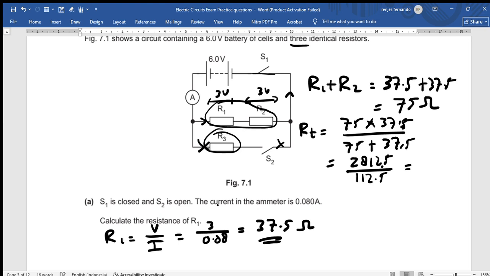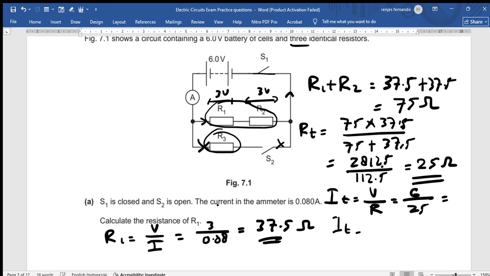If we divide them, the result will be 25 ohm. So the total resistance is 25 ohm. Then we are going to find the total current. The total current is the voltage divided by resistance, 6 divided by 25, so the result will be 0.24 ampere. So this is the answer.